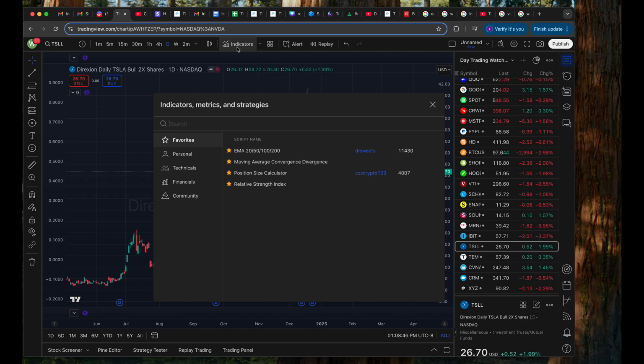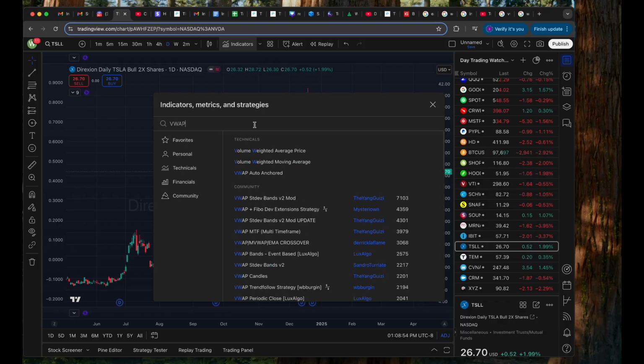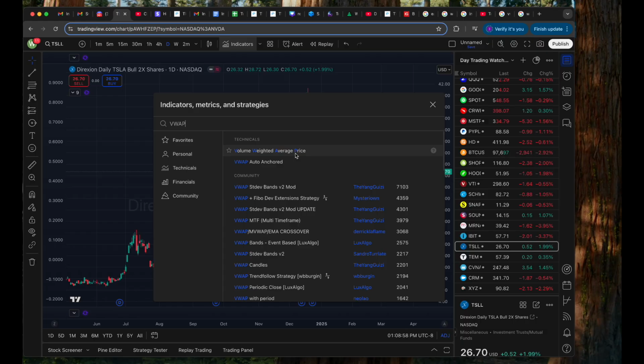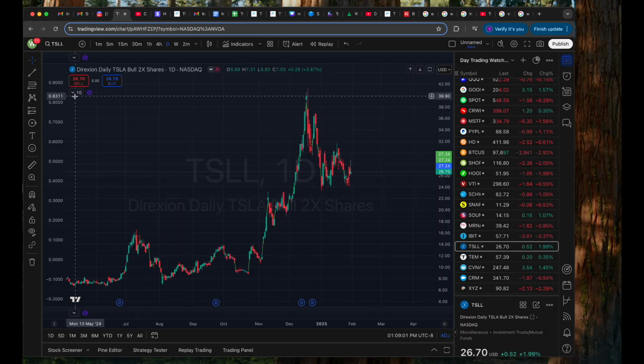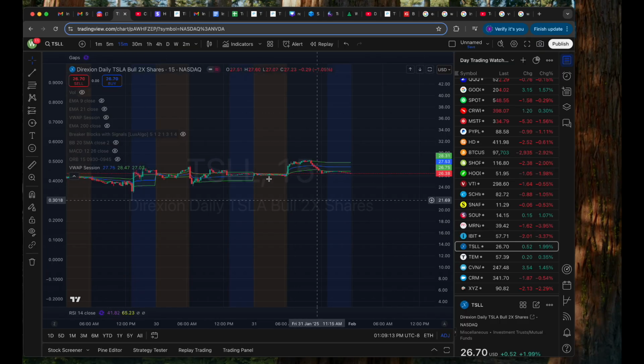In order to get the VWAP, all you have to do is type in VWAP, honestly, right here, volume weighted average price, and you click there, and it's going to pop up right there. On the daily, it looks different, but we're going to go to the 15-minute for day trades, and then I'm going to show you.